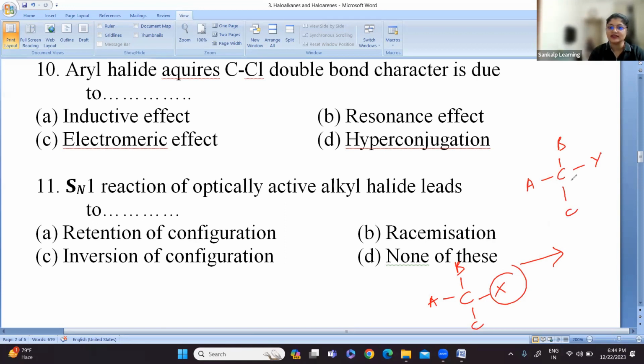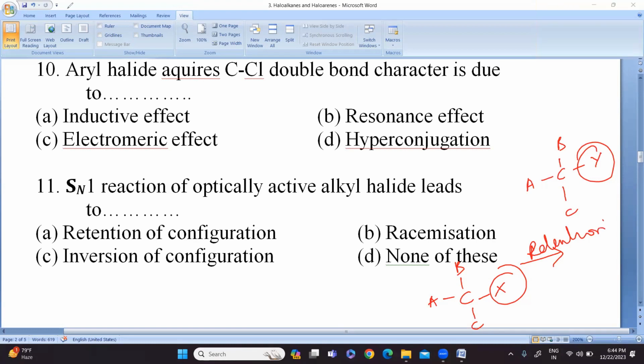Only there will be a replacement in this. Okay, so this is called retention. Retention means what? The stereo center, in the reaction, there will be no bond broken. So the reactant and the product will have the same configuration. The reaction will proceed with retention of configuration.